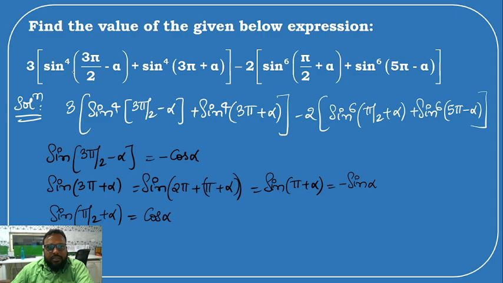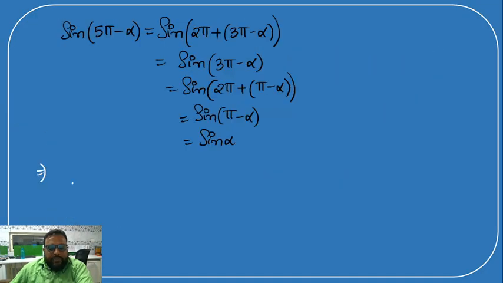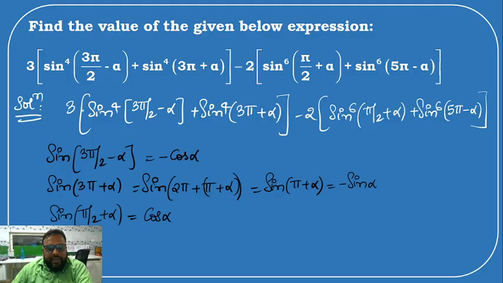Now we will substitute all the values here in the main expression. So what I will get here is 3 into sin to the power of 4 of (3 pi by 2 minus alpha). In the place of sin of 3 pi by 2 minus alpha, I can write minus cos alpha, right?